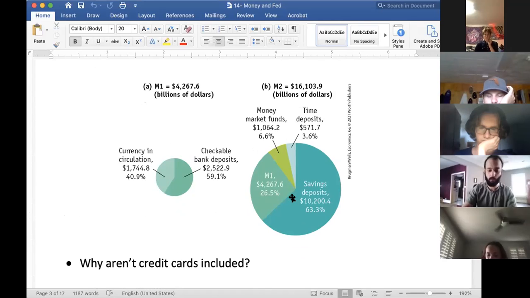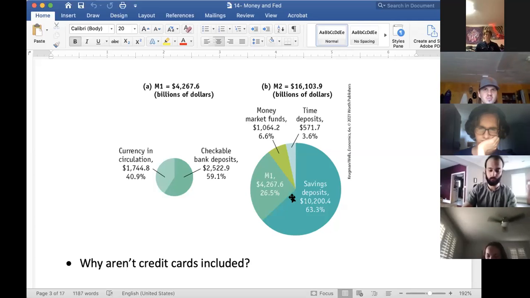The left-hand side pie is just M1, and you can see currency in circulation is about $1.7 trillion, and checkable bank deposits is about $2.5 trillion. So about two-thirds bank deposits, one-third currency.